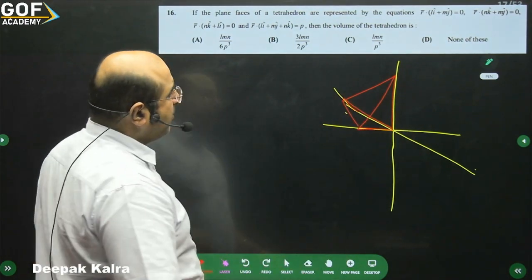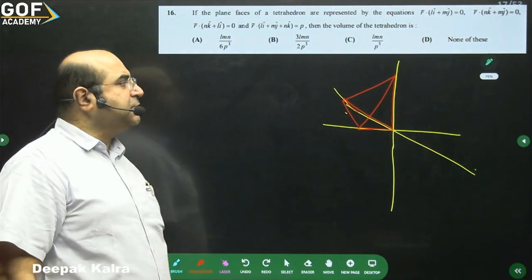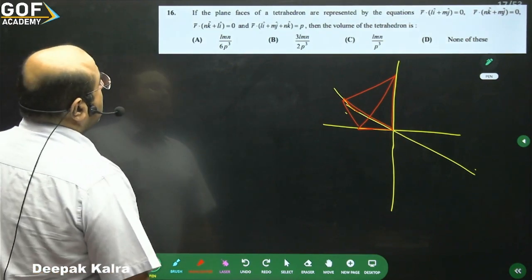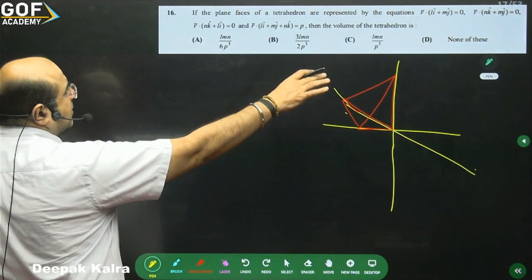This is being formed, a tetrahedron. Or you make it here. Anywhere, you have to understand what is being made. So the plane faces, it is not the coordinate axis. I've just made it to understand the tetrahedron.